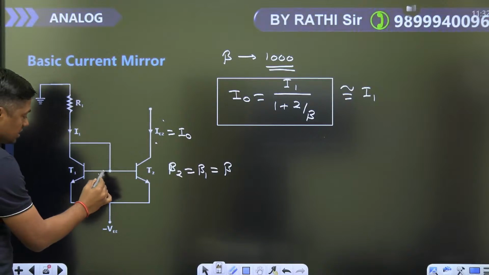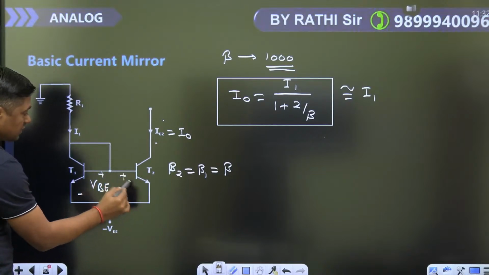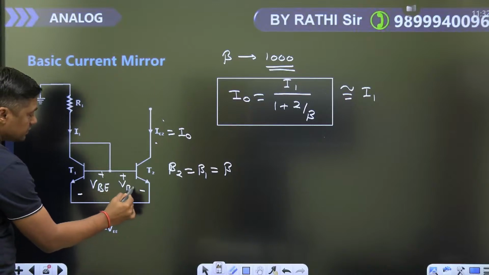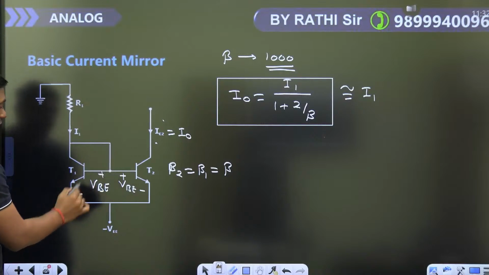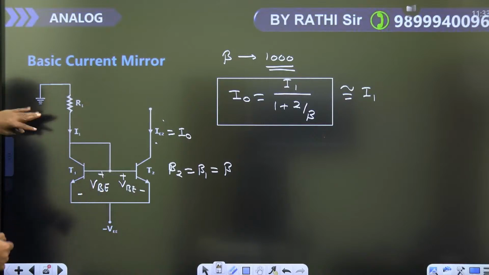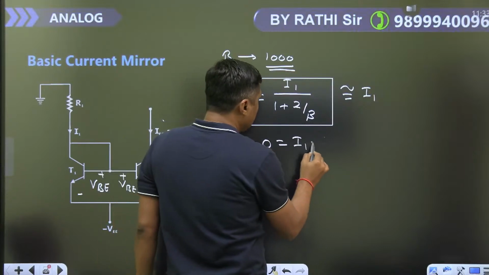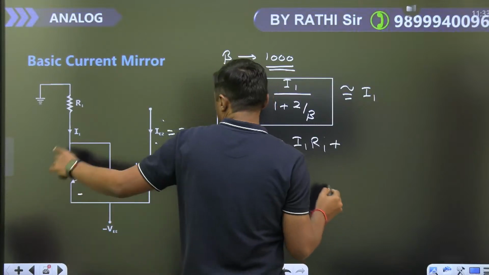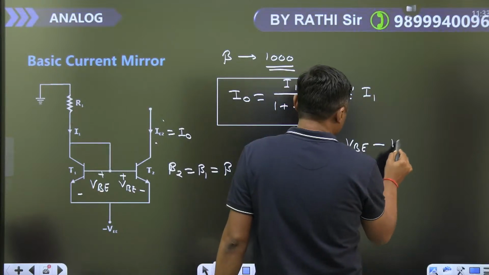Always remember this voltage is VB. In parallel we have the same voltage VB here. So you can write the KVL from this point to this point, and then you can find the value of I1. 0 is equal to I1 R1 plus VB minus VE.